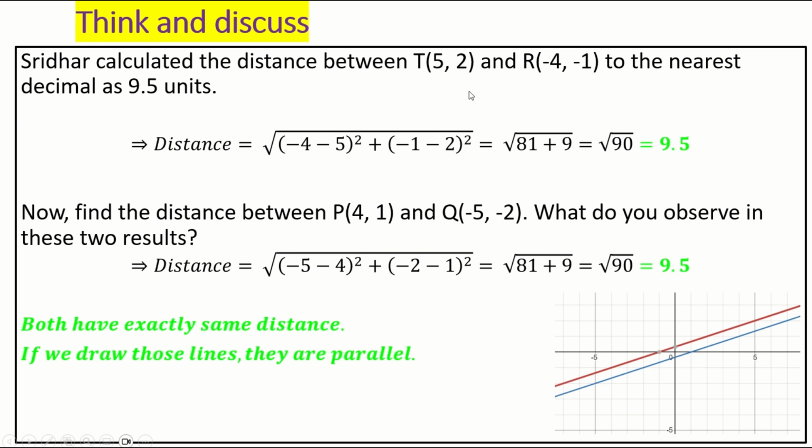So what do you observe? The points are different, but the value we got is the same. If you plot them on the graph, both are parallel lines, and we are measuring the distance at exactly the same point. Basically, if I cut off here, I get 2 points on two lines. If I cut off here, I get 2 points on two lines. The distance is the same because both are parallel lines.